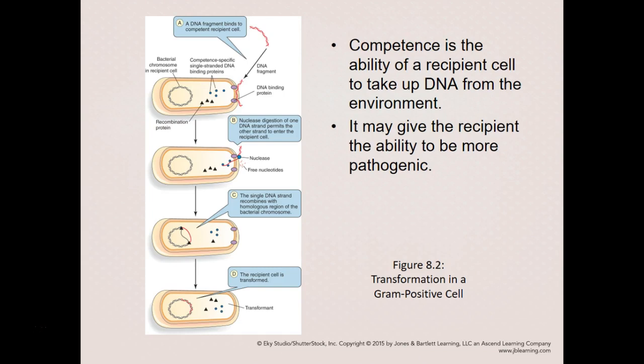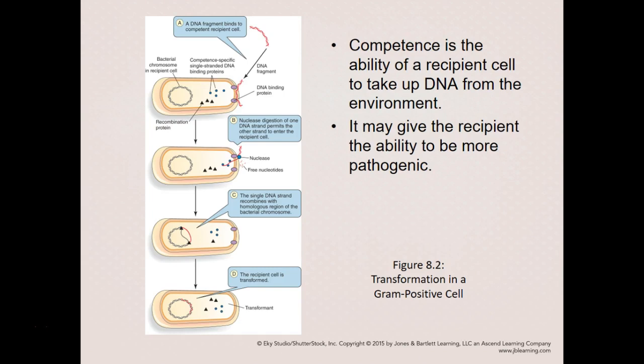So for cells to be able to take in DNA via transformation, they have to be competent. When you think of competence, you think of knowledge: you understand something, you're competent in that subject. But when I'm saying this, what I mean is they have to be able to take in DNA.